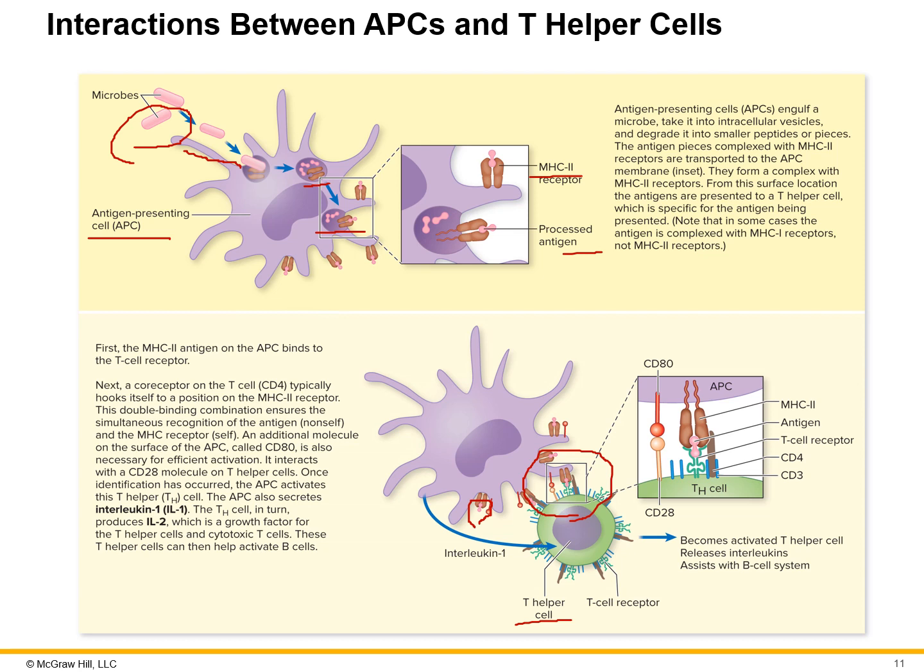It's not actually binding to the bacteria or recognizing it. It's recognizing a piece of it that was placed on this antigen presenting cell. That's what's going to activate it. So you can see it a little more magnified here, how it's binding to that MHC class 2 molecule, and then the T cell receptor is going to bind to that piece of antigen.